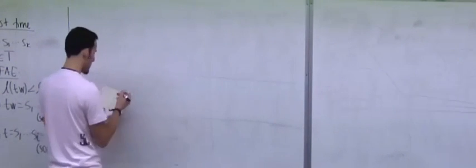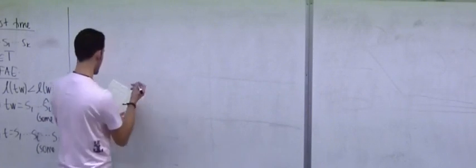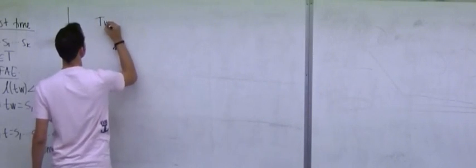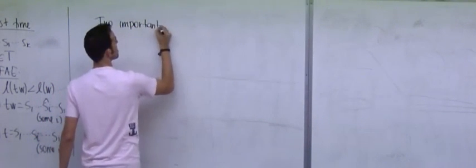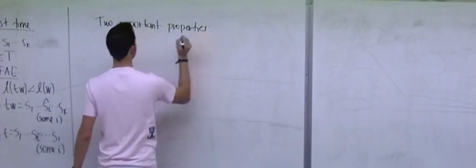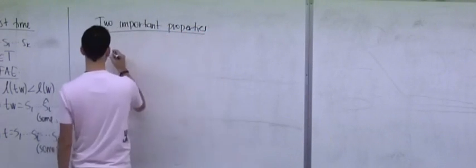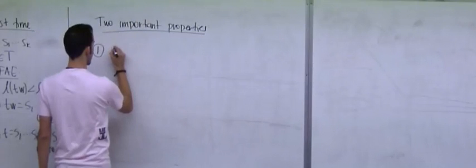And we're going to talk about two very important properties that Coxeter groups have. So the first one is called the exchange property.